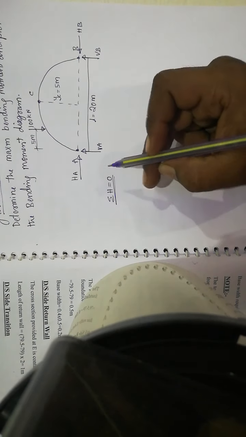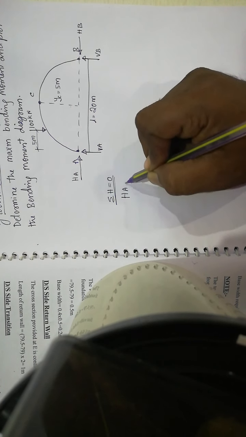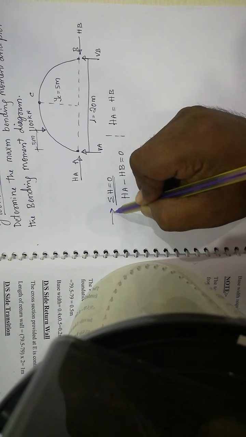For this I will take the first equilibrium equation, that is sigma H is equal to 0, summation of forces in horizontal direction. So here we have HA minus HB is equal to 0, which finally indicates HA is equal to HB. So this is my first equation.